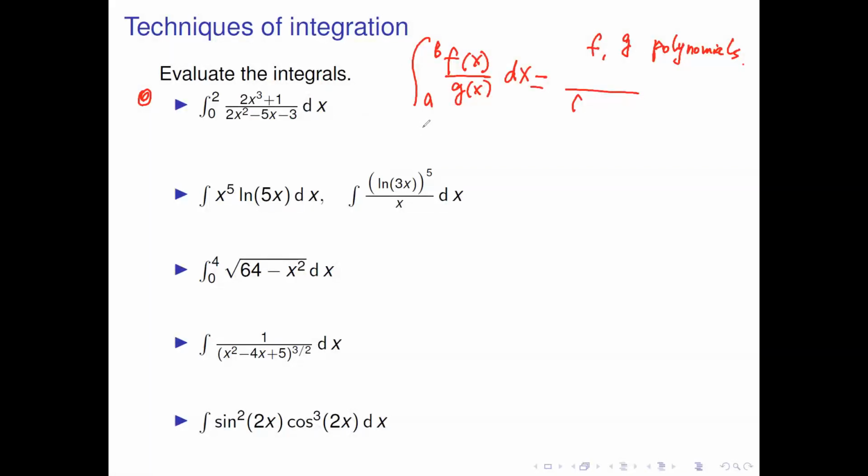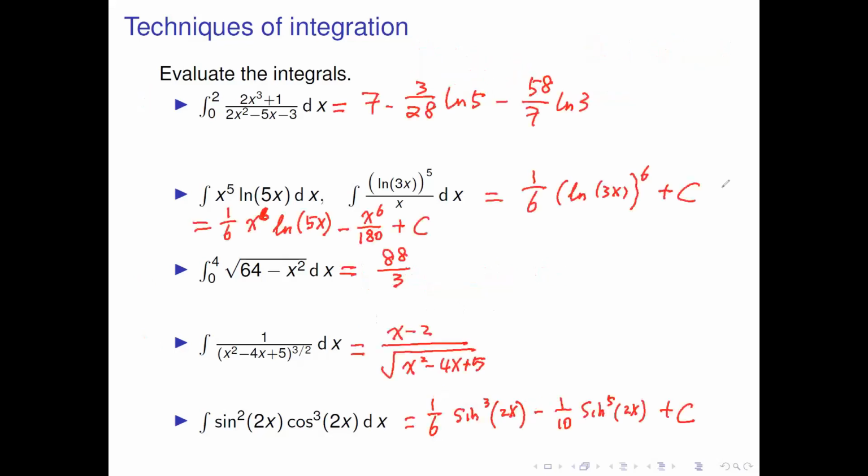You should find it, and you should know this technique very well. And the second is for the log. For the third and fourth questions, we used trigonometric substitution. We gave the answers.